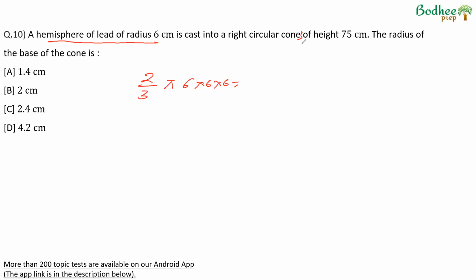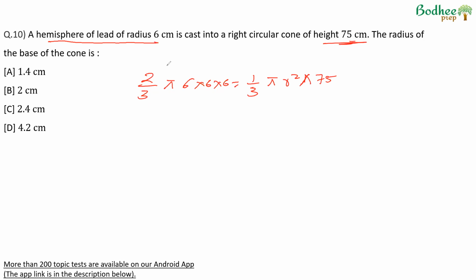This will be the volume of the new cone that is formed. Right circular cone with height 75 centimeters will have a volume of 1 by 3 pi r square h.